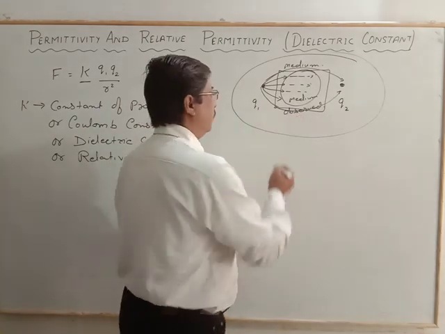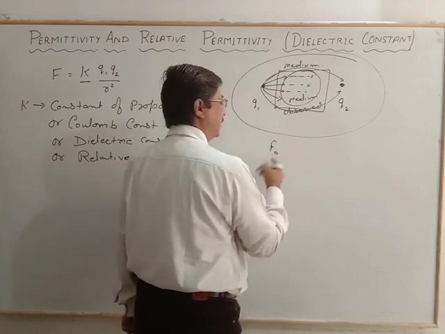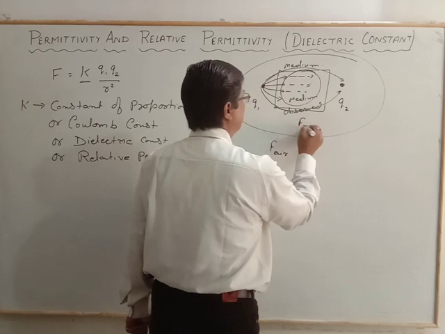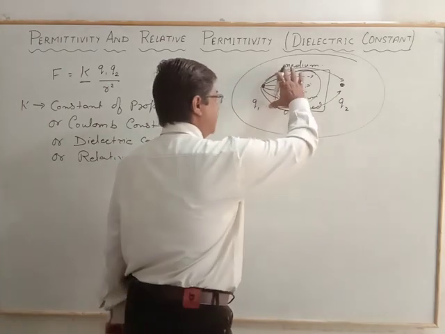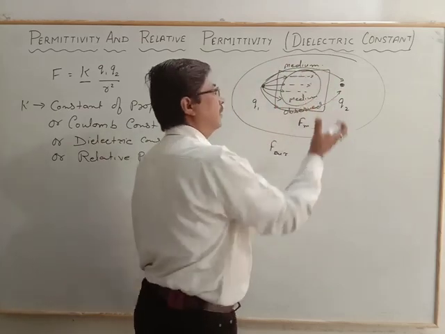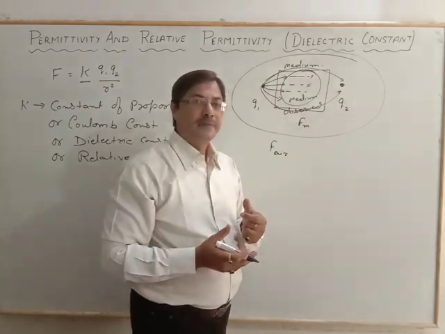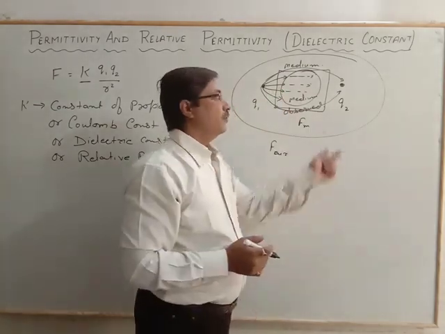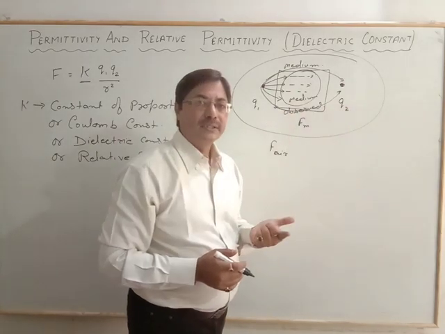That means the force that was earlier F0 in air, now in a medium, the force will change. Since some of the effect is absorbed by the medium itself, it reduces the effect of the force which acts from one charge on the other.